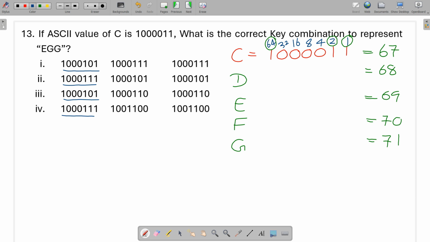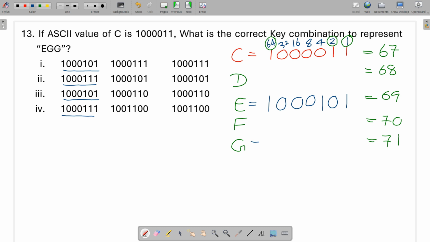So E is 69. To convert 69 into binary, we need the place value of 64. So we need 1 under the 64, no 32s, no 16, no 8s. So 69 comes like 64 plus 5. So you need 1 under the place value 4, 0 under the place value 2, and 1 under the place value 1, which gives you 64 plus 4 plus 1, which is 69.